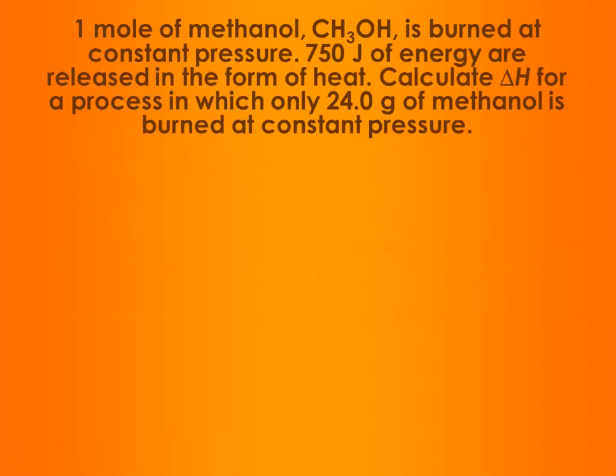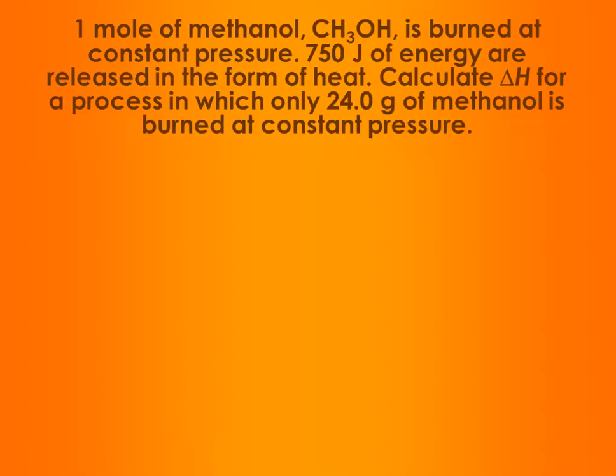So here we have 1 mole of methanol is burned at constant pressure, and that 750 joules of energy are released as heat. So we want to calculate delta H when 24 grams of methanol is being burned. So we have what the energy amount is per 1 mole.